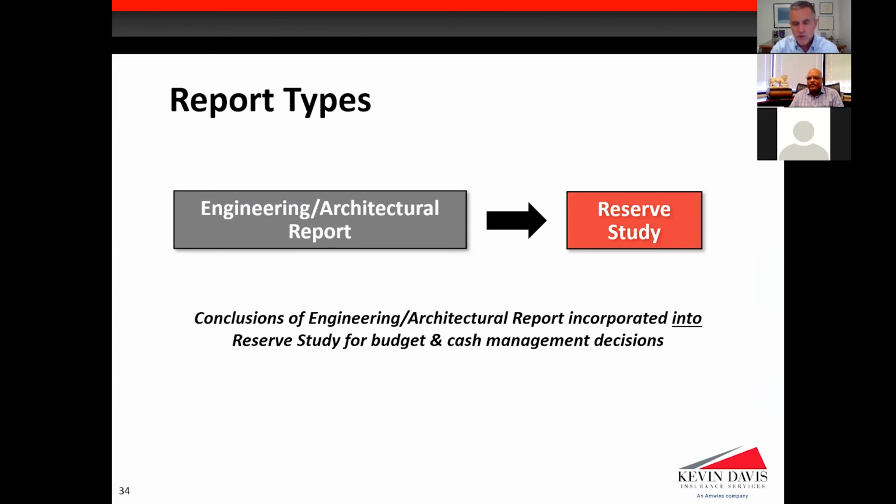We prepared the reserve study for Champlain Tower South in early 2020, right before COVID-19 pretty much shut everything down. And that was really unfortunate because we were informed by the engineering report, all those structural issues, and we were able to work them into the cash management for the reserve study. We designed a plan for Champlain Tower South to get to the future.